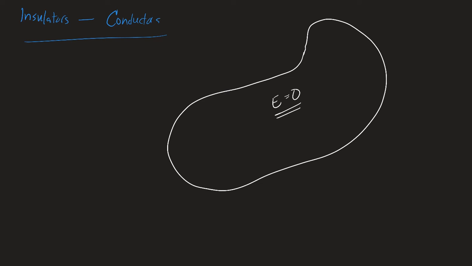The first thing you need to know is that no matter what charges are on the metal, excess charges always move to the outer surface of the metal. So if you have a solid piece of conductor, you won't find free charges in the middle of it.